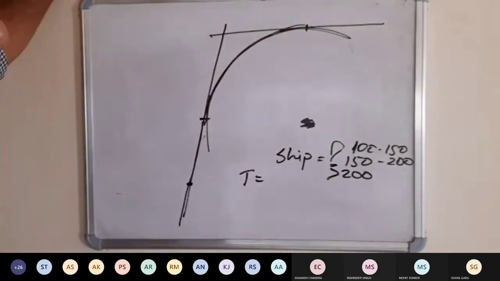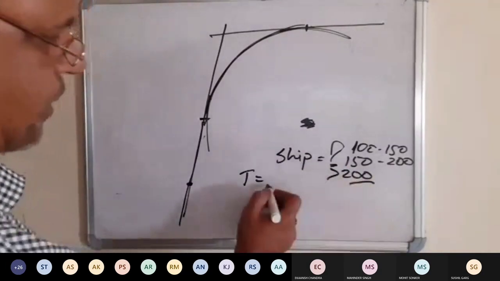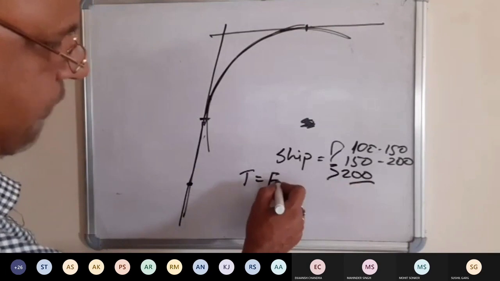According to this, you will find out the value of F.